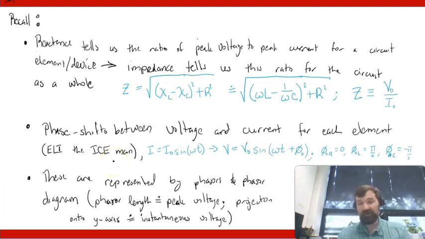These phasor arrows all rotate together within the diagram with the same angular speed, or angular frequency if you will, given by omega, which is the omega in this current. So 2 pi times whatever the cycle frequency of the current is.